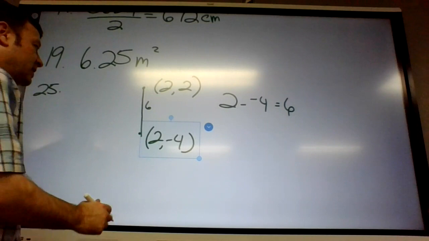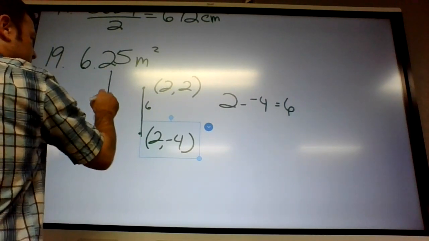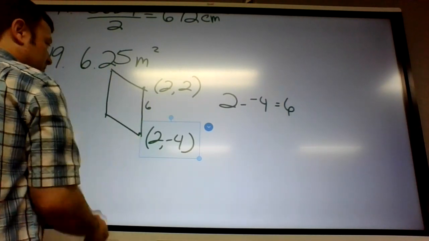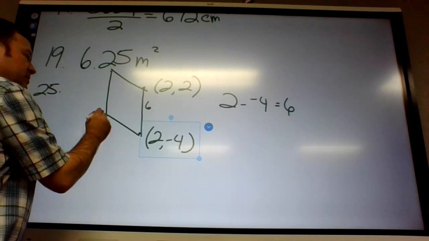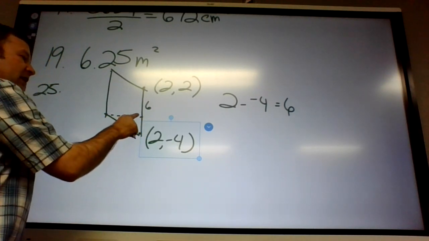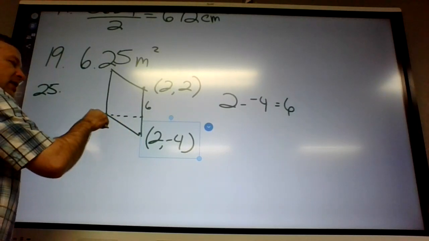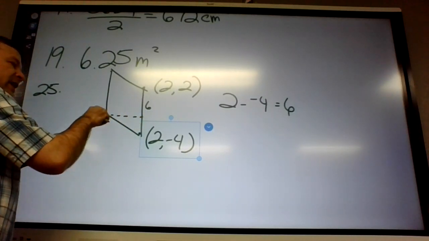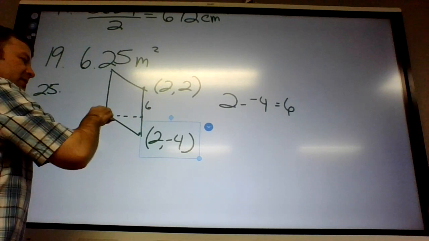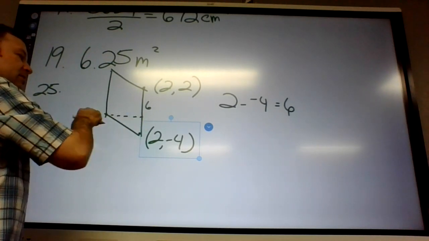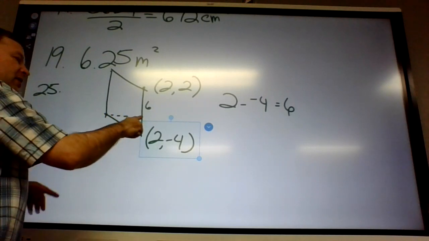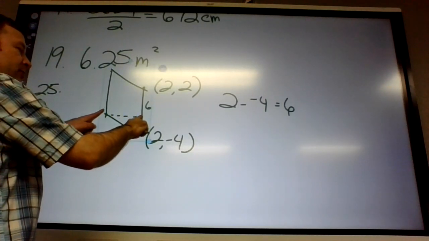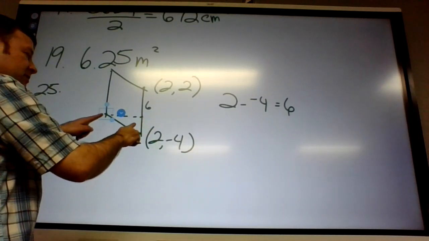How could I find the height, though? See if I can draw this decently. How far is it from there to there? If I'm going straight across, what value measures straight left and right? The x value. So I need to figure out how much the x values change from here to here.